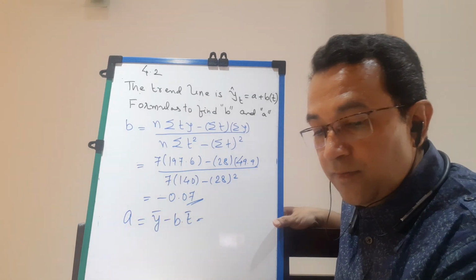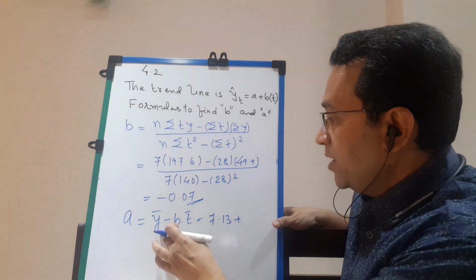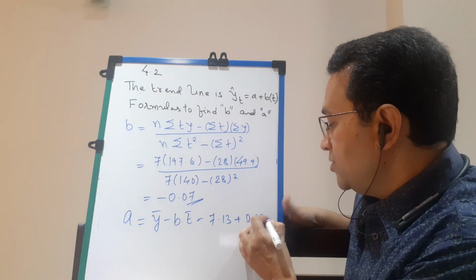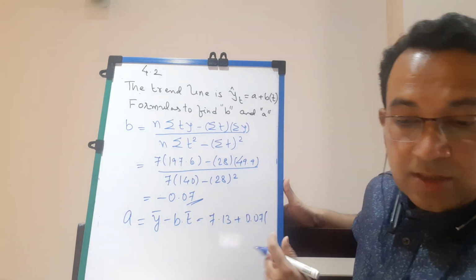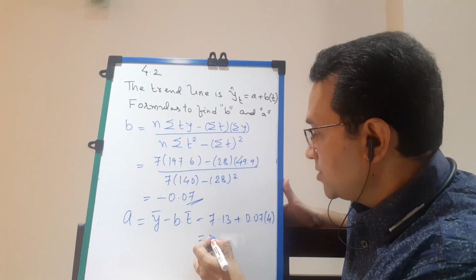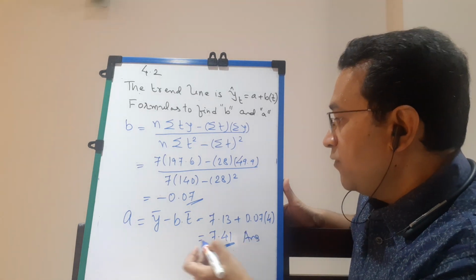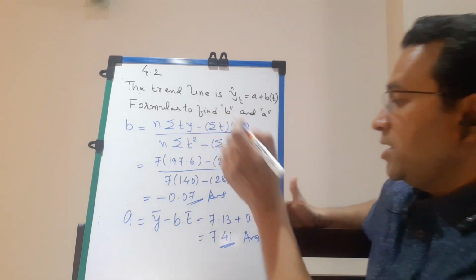What was the value of y bar? 7.13. Minus minus becomes plus 0.07 and t bar was 4. So simplifying this, I get 7.41 as the answer of a, and this is the answer of b.